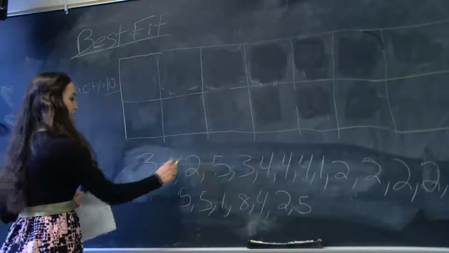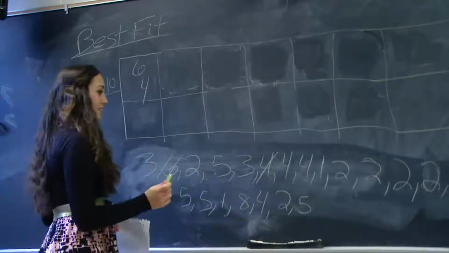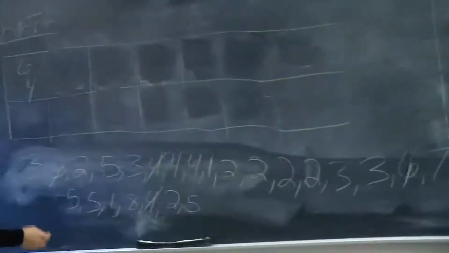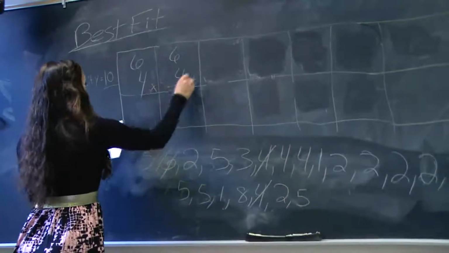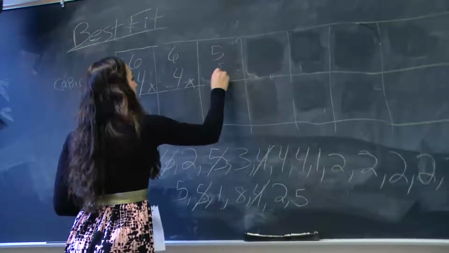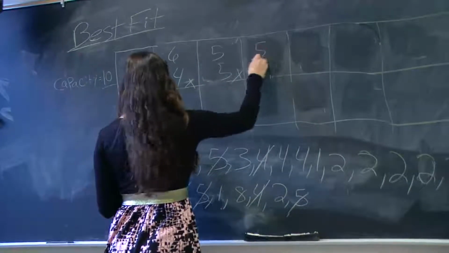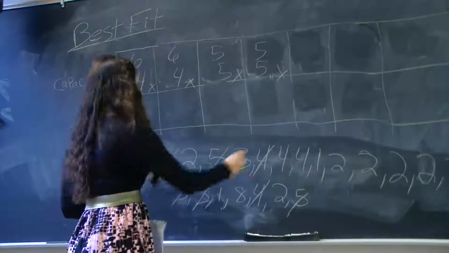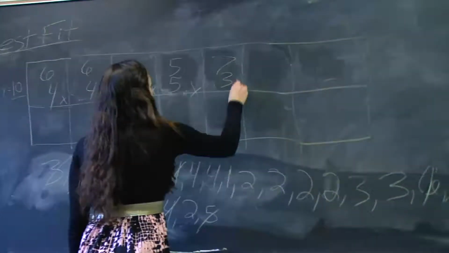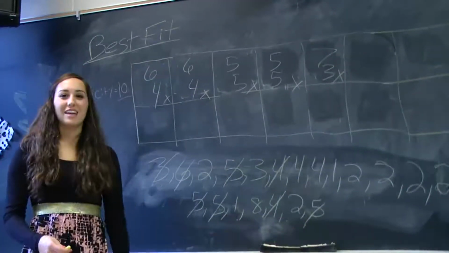So we're going to start with 6 and 4, because that gives us 10, and another 6 and 4, and 5 and 5 go together, and another 5 and 5, and then we have a 7 and a 3. So you just keep going down the list to find the matches, and then just fill up the bins so they can get 10.